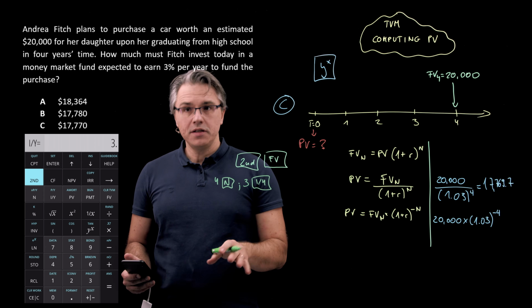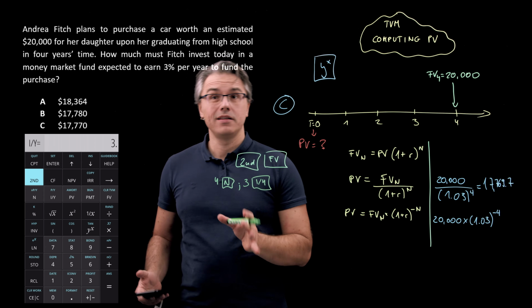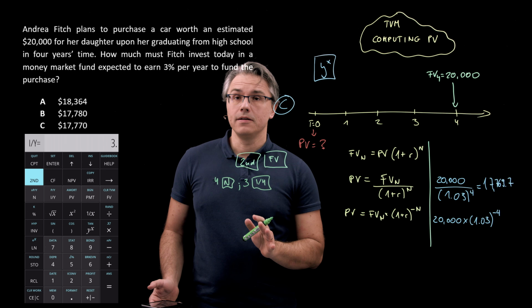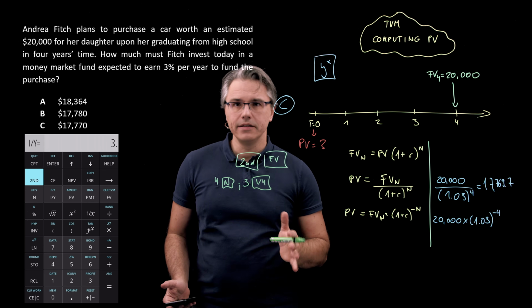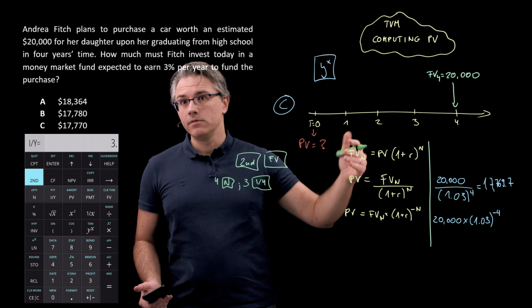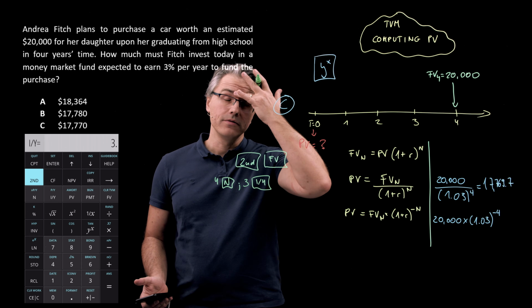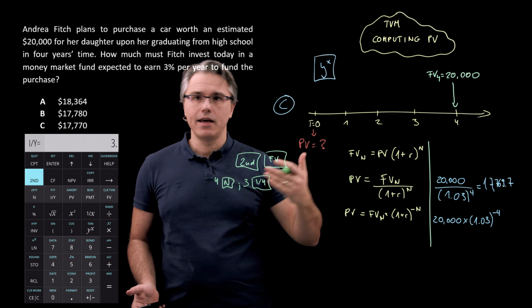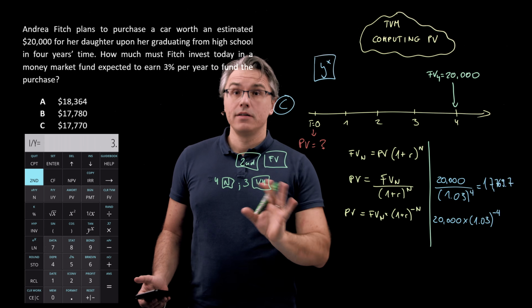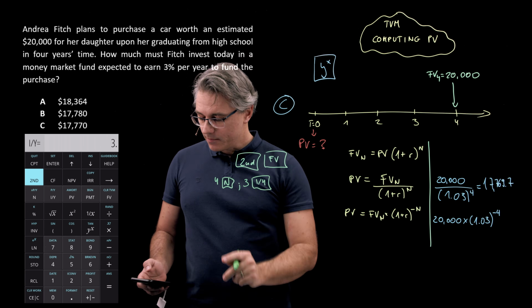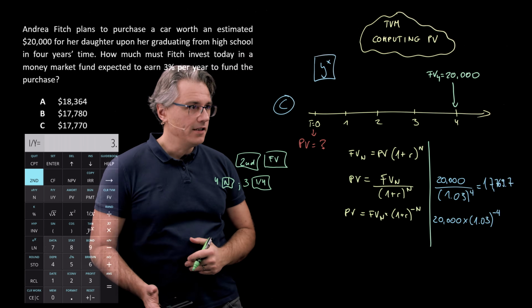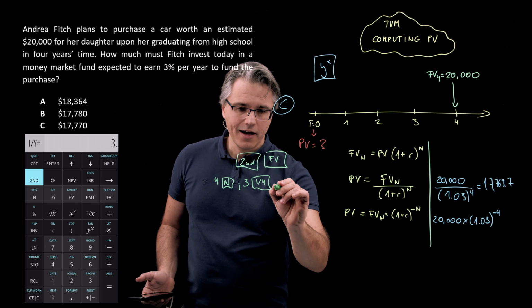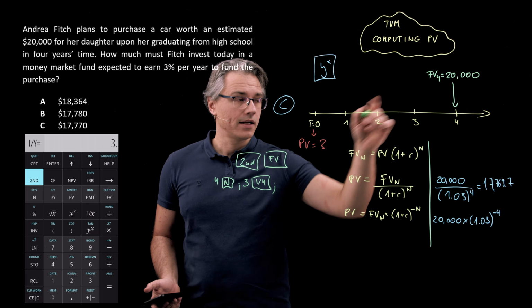I'm omitting PV because that's what I'm going to calculate, and I'm omitting PMT. There's not going to be any annual or cyclical payment here that will happen every year, so that's by default going to be left as 0. But I'm going to provide an input for FV because I can tell the calculator how much we want to have at the end of year 4.